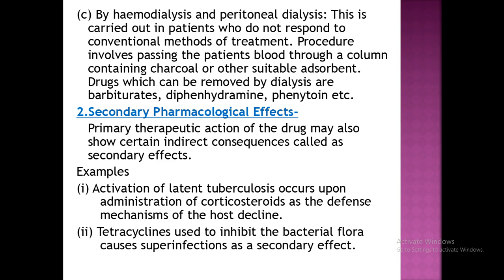Corticosteroids work by suppressing the immune system. They are immunosuppressants, so they are used in inflammatory conditions. Since the immune system is suppressed, the host defense mechanisms are reduced, so it will lead to opportunistic infections like latent tuberculosis. Then tetracyclines used to inhibit the bacterial flora cause superinfections as a secondary effect.